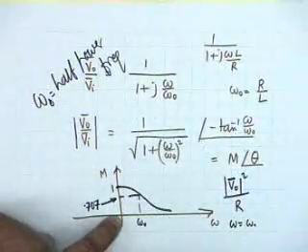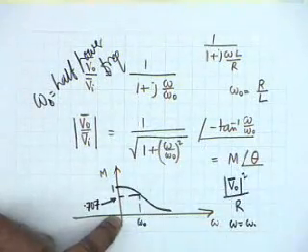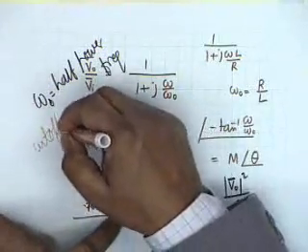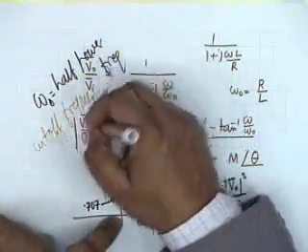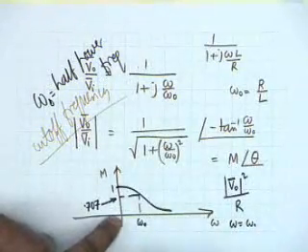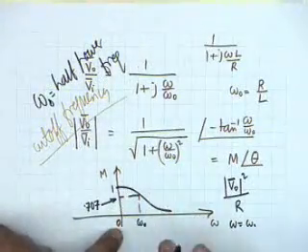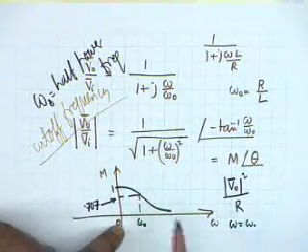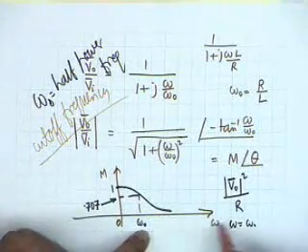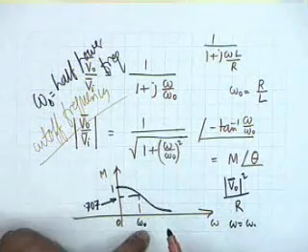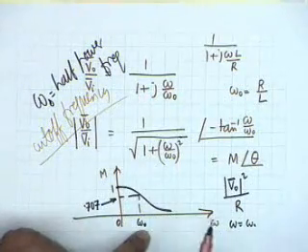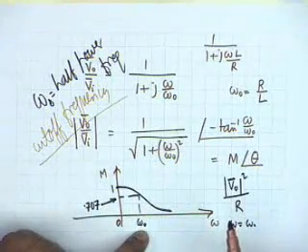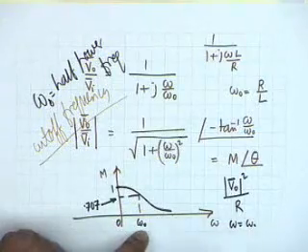Or in popular parlance, it is called the cutoff frequency. It is as if the circuit behaves as a filter, retaining frequencies from 0 to omega 0 and rejecting from omega 0 to infinity. Therefore, this circuit is a low pass filter because it favors low frequencies as compared to high frequencies. So, it is a low pass filter.